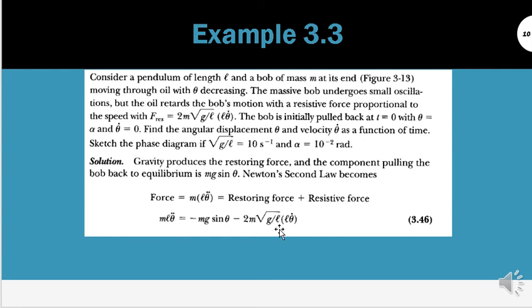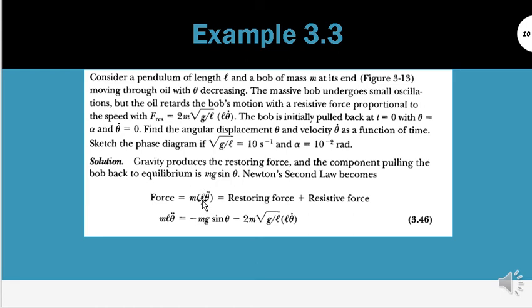So Newton's second law becomes force, which is equal to mass times L theta double dot, is equal to restoring force plus resistive force. This here is the same as mass times acceleration, where L theta double dot is equal to acceleration.